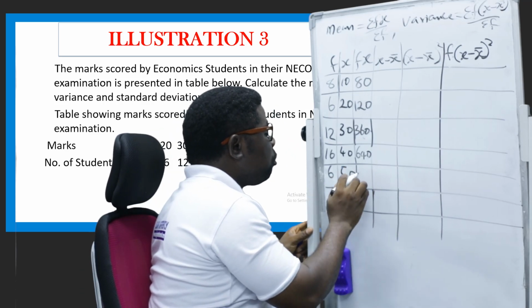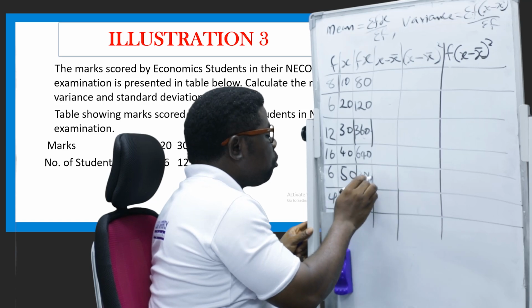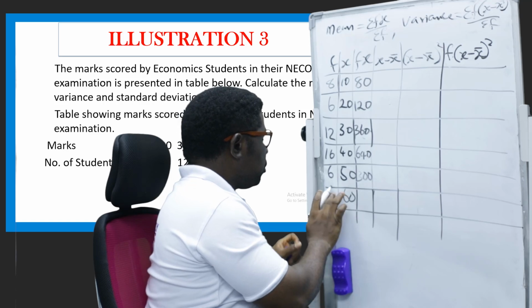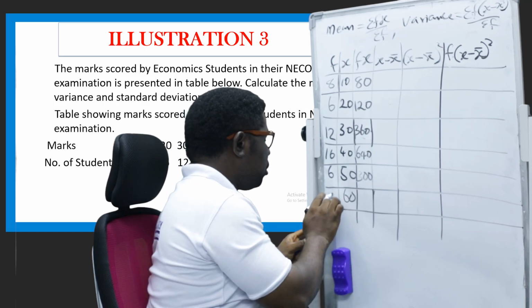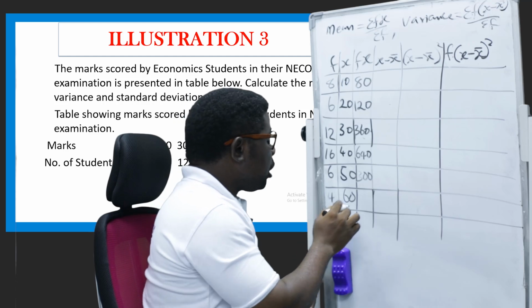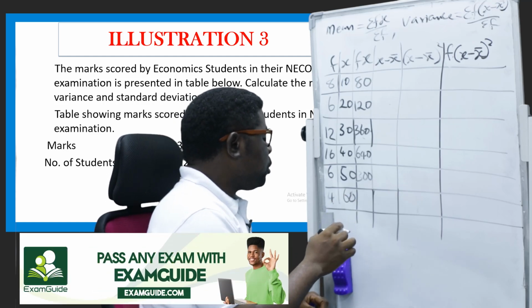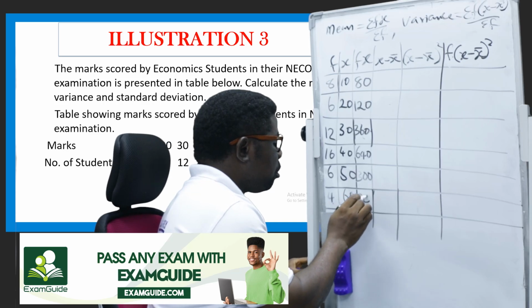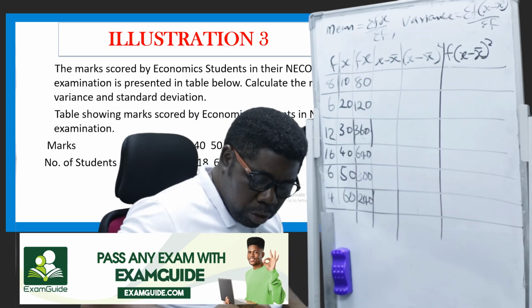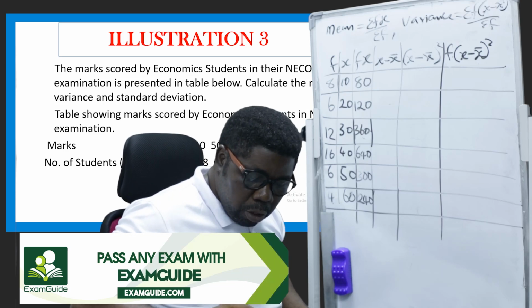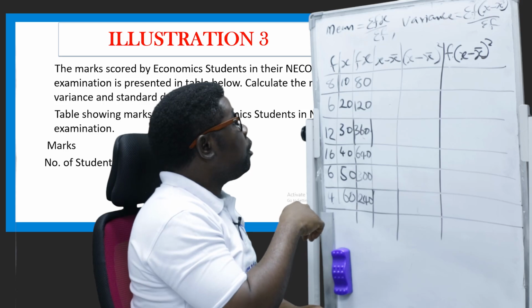You need to confirm your figure so you don't put the wrong figure, so you don't get the wrong answer. Then 4 times 60 will be what? 240. Let's check it. 60 times 4 is 240. So we have our frequency.